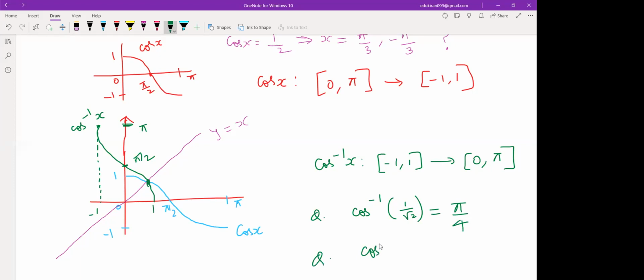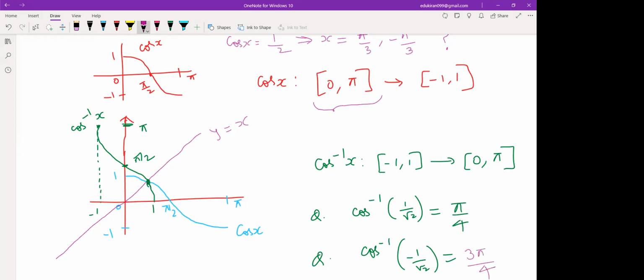Now, if it is cos inverse of minus 1 by root 2, not minus pi by 4, because the principal value region is 0 to pi. So you have to search for the angle from 0 to 180 degrees. That value will be 135 degrees, that is 3 pi by 4.